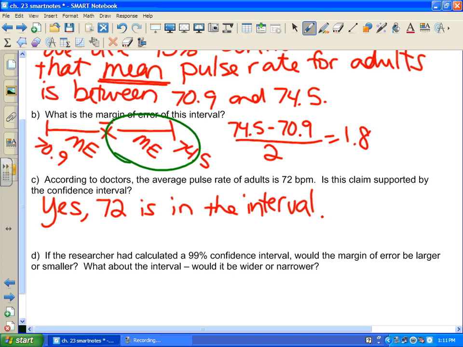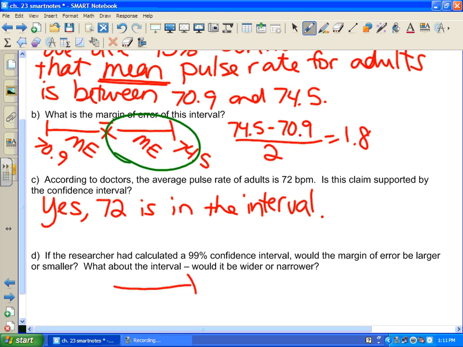Okay, good. If the researcher had calculated a 99% confidence interval, would the margin of error be larger or smaller? You remember what happens if you increase the confidence level? Increasing the confidence level means we're going to be more confident that we capture the right estimate.